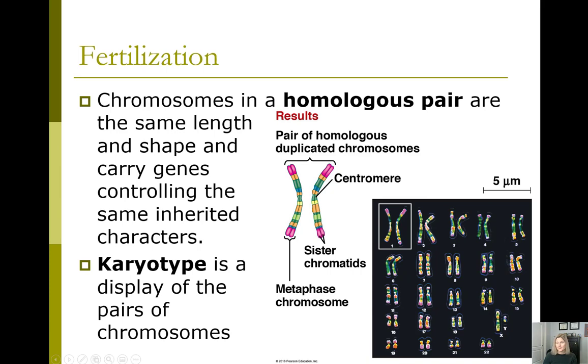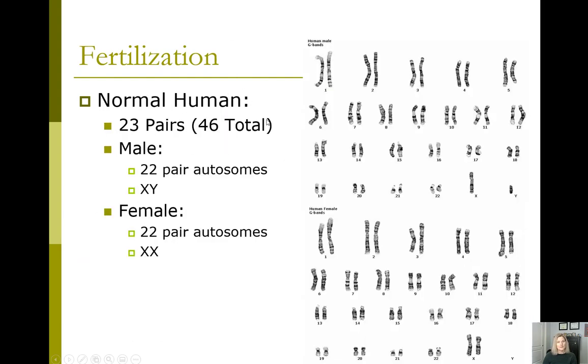So you have 23 pairs of chromosomes. Here's our normal human karyotype with 23 pairs of chromosomes. A normal human has 22 pairs of what we call autosomes.